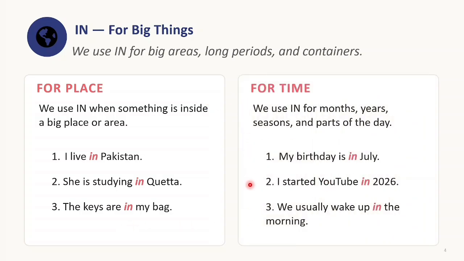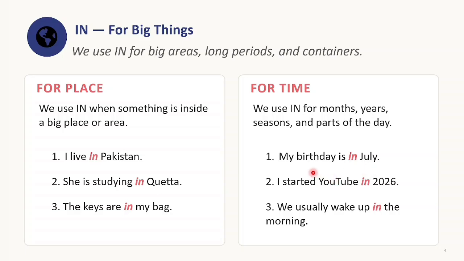For time, we use in for months, years, seasons, and parts of the day. For example, my birthday is in July. That is a month.